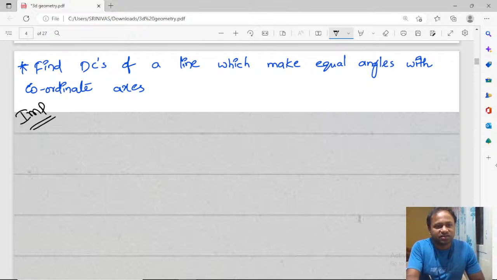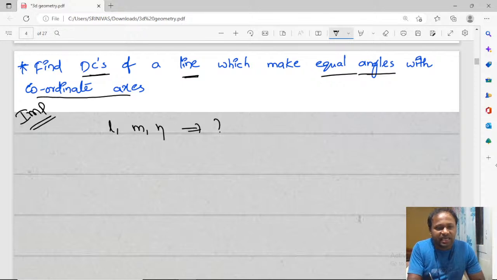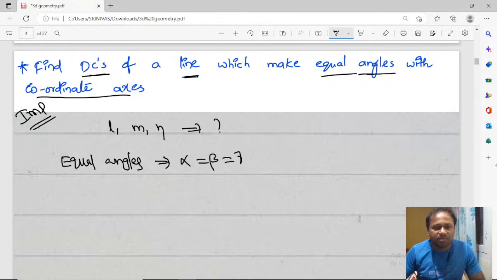What is the question? Find DCs. We need DCs. DCs means L comma M comma N. We need to find them whenever a line makes equal angles with the coordinate axes. Equal angles means alpha is equal to beta is equal to gamma.